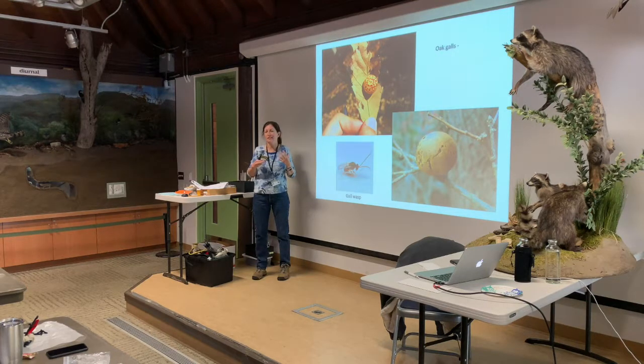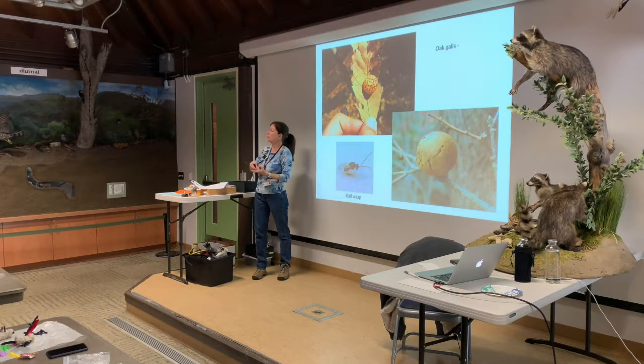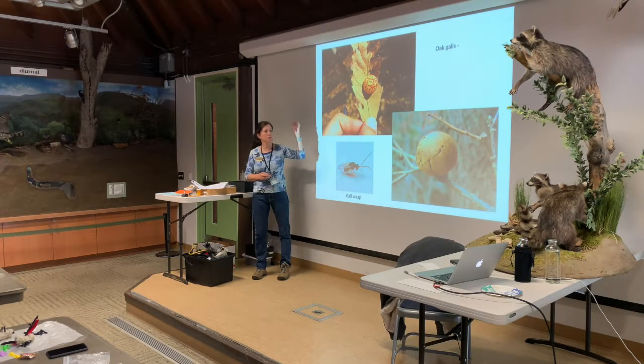I say irritated, but that's not really it. The plant responds by forming a structure, and the structure is specific to what the plant is and what the insect is. So the galls will look different on different plants and in response to different insects. So here's an example of the gall wasp and the oak galls.